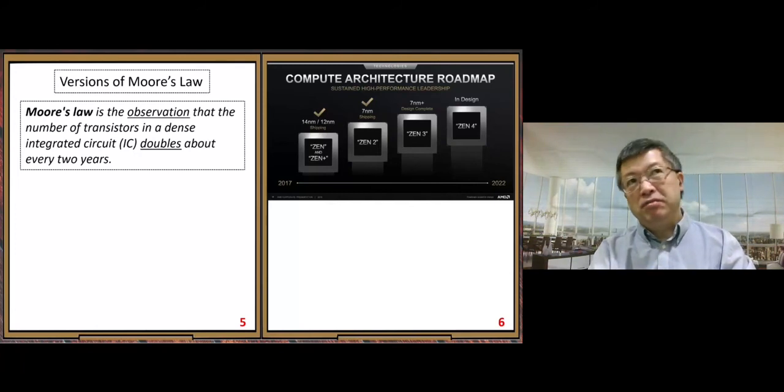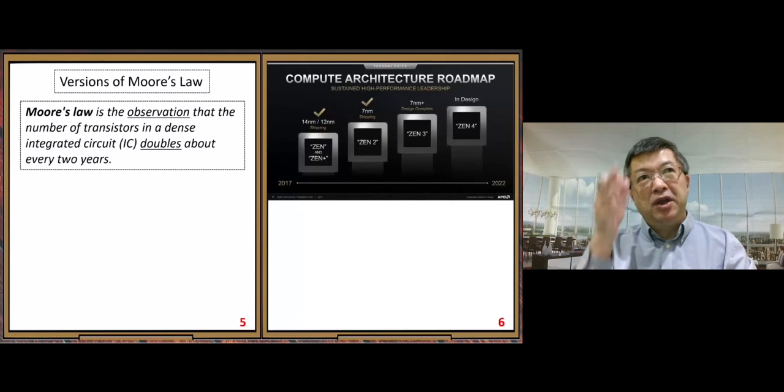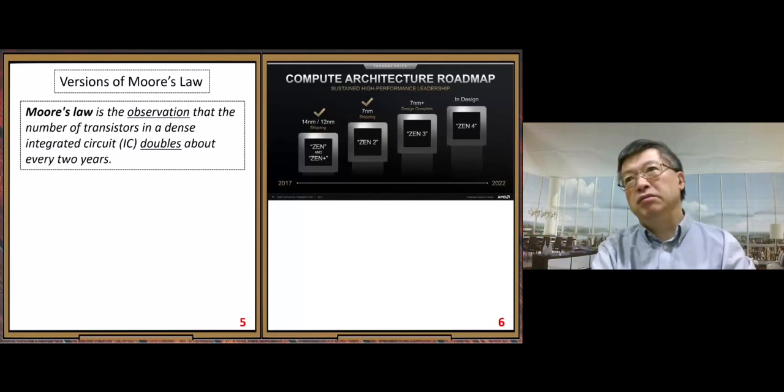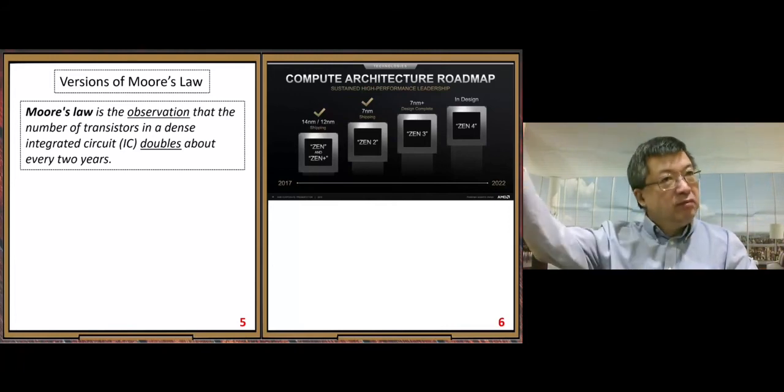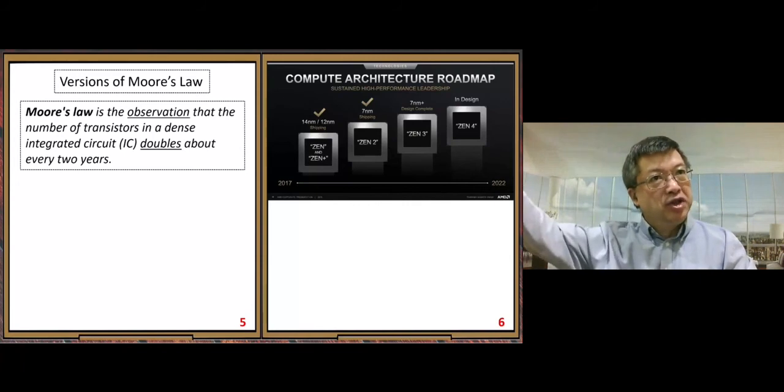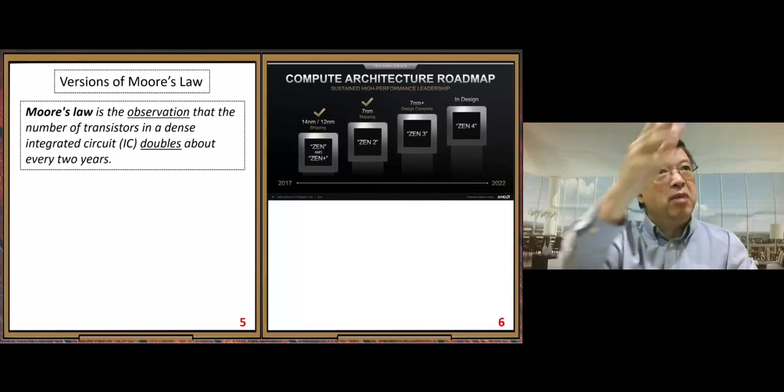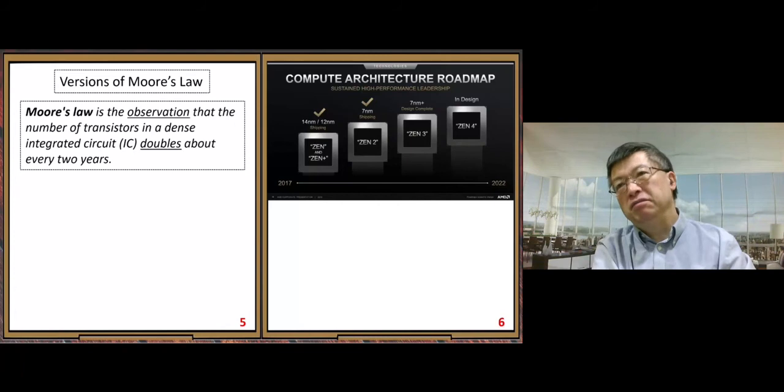AMD, because in recent years they are doing extremely well. They put a big threat to Intel Corporation. In many technology parts, they are doing much better than Intel.